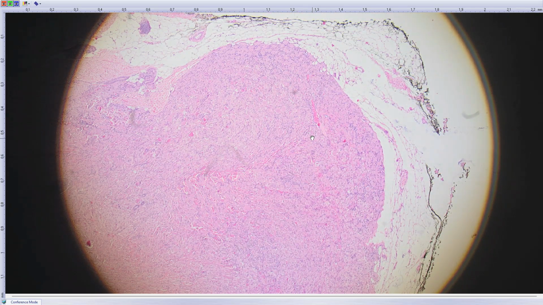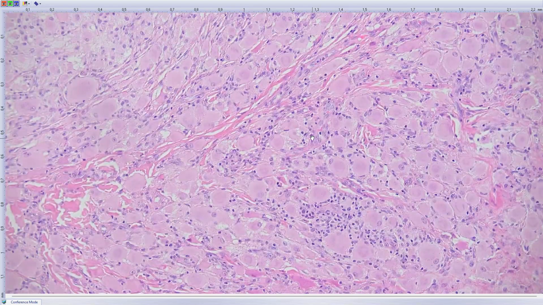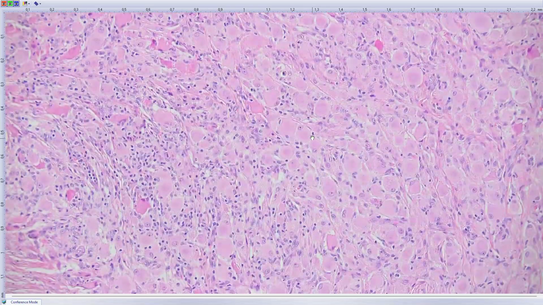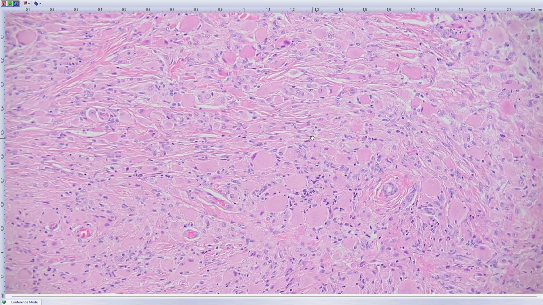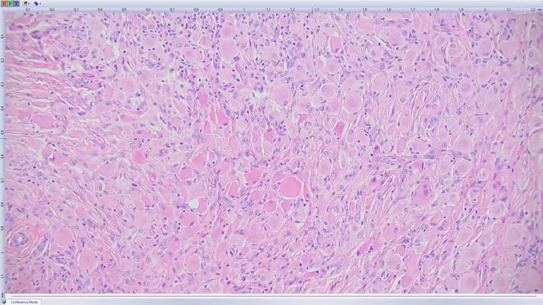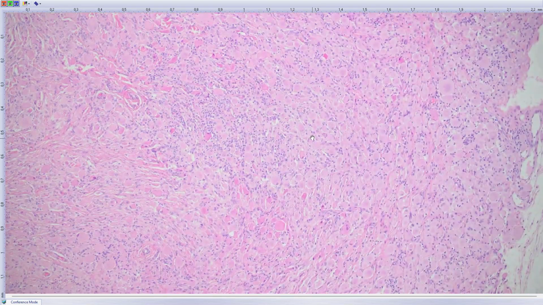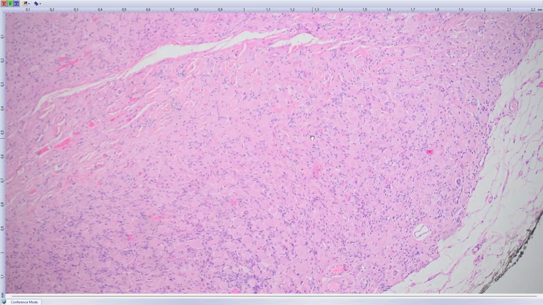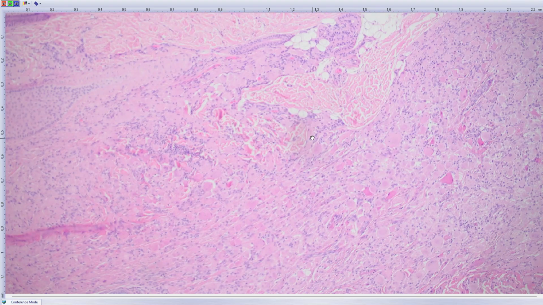My first thought was it could be rhabdomyoma, but then when you go on higher power, there are no cross striations, and these cells look histiocytic, and indeed CD163 and CD68 were diffusely positive. There were not many giant cells, not too much inflammation, and these histiocytes had this very prominent ground glass cytoplasm. So it's one of the histiocytic disorders.